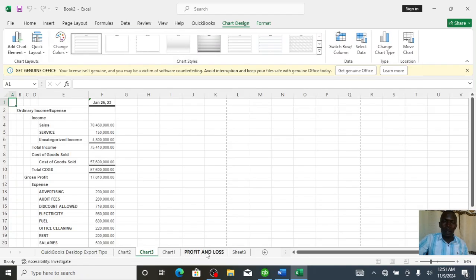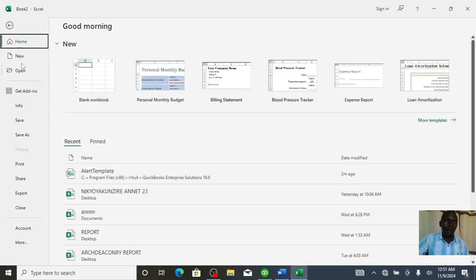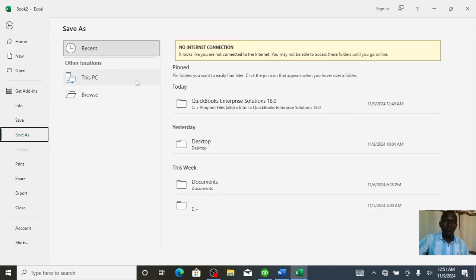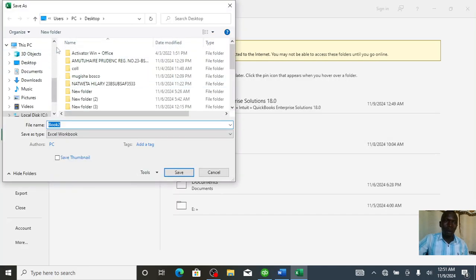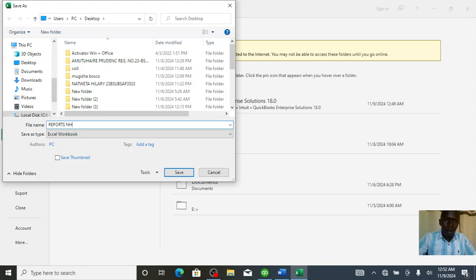So we are going to save our report. Go to file, we save as, want to save it on desktop, so we create, we are going to call it reports NH, and we save.